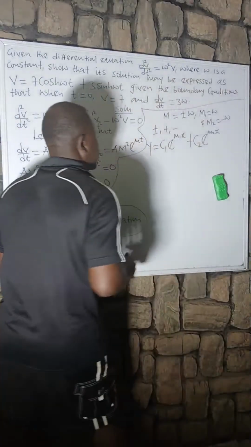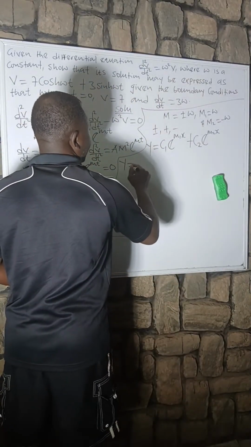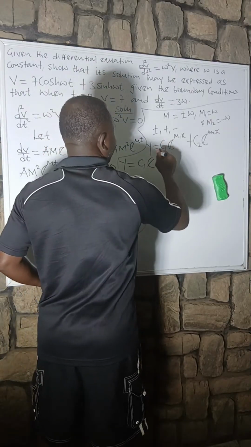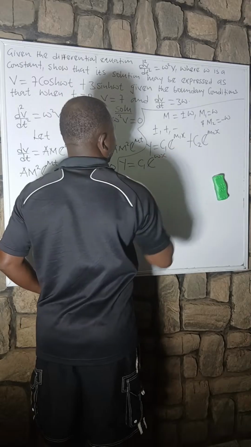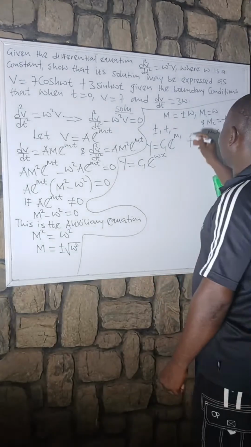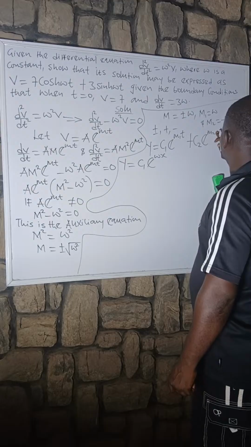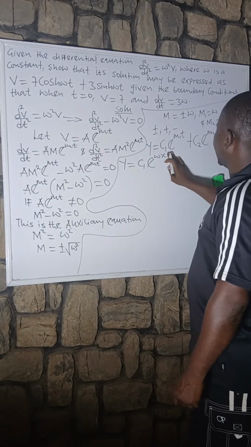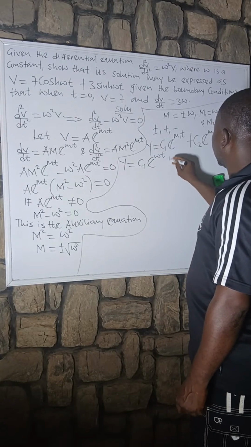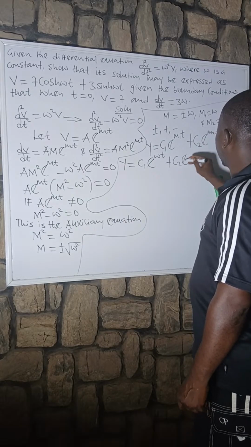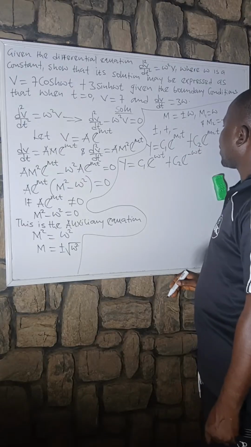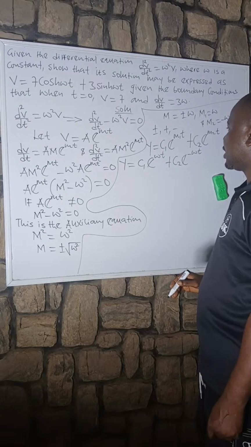So here will now be y is equal to c1 exponential omega x. Oh, sorry, we are dealing with t, not x. Please take note, it is very important. So here is supposed to be t, that is the independent variable t. Then plus c2 exponential minus omega t. Now you see, you agree with me?